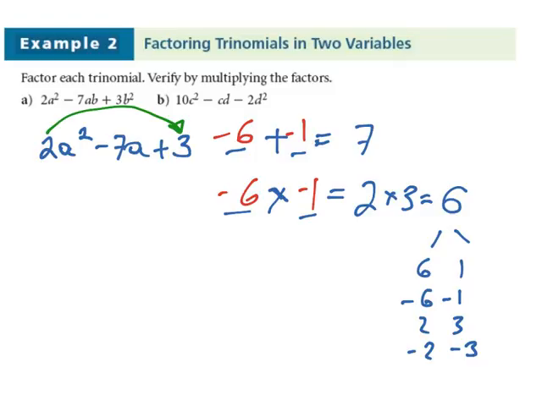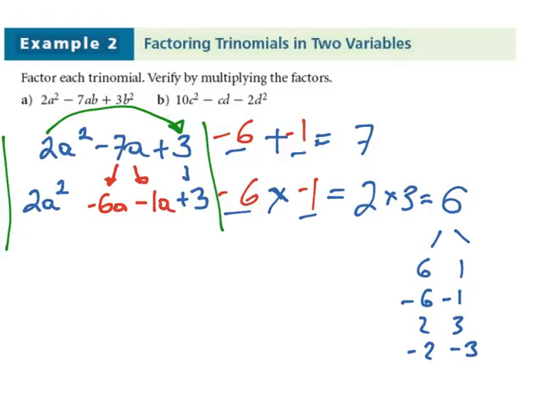So now the negative 7a decomposes into negative 6a and negative 1a. And we copy down the other terms, like the 2a squared and the positive 3. Don't forget the equal sign. And now we factor by parts the first pair and the second pair separately.